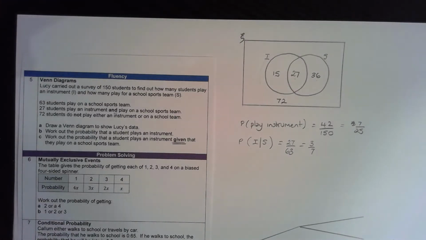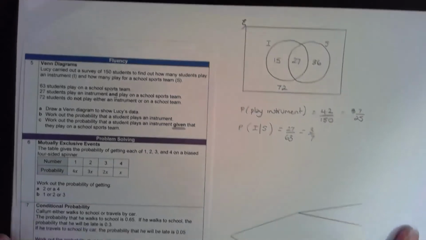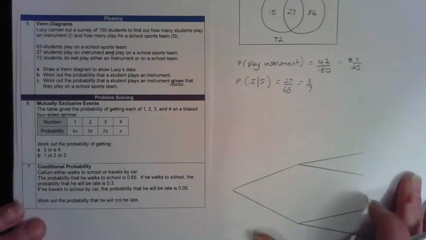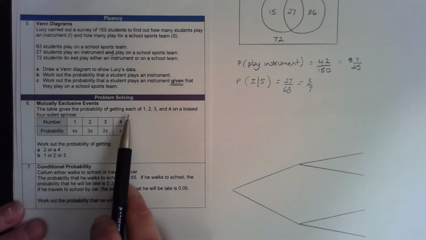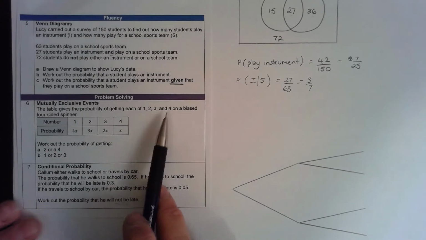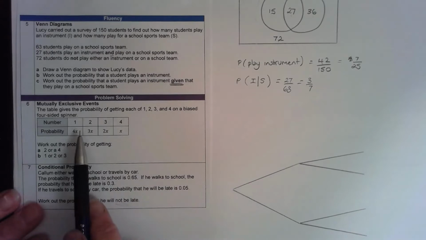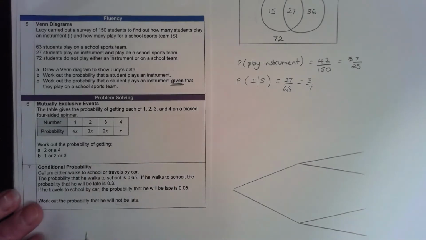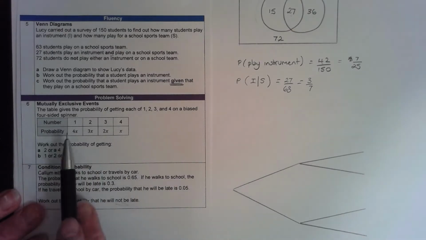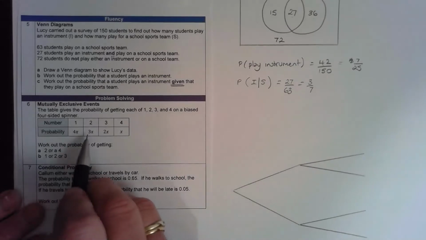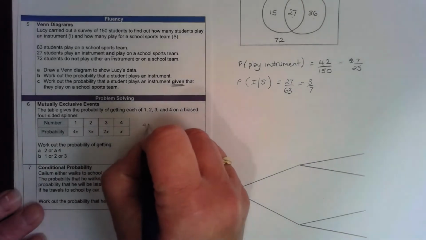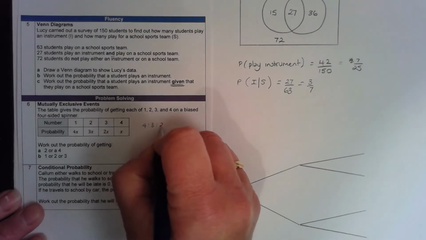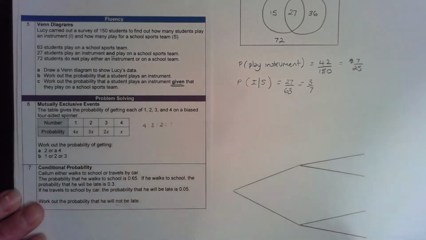Question 6. Into the problem solving ones now. So this table gives a probability of getting 1, 2, 3 and 4 on a biased four-sided spinner, so they're not equally likely outcomes. We can see that the ratio of these probabilities is 4 to 3 to 2 to 1.